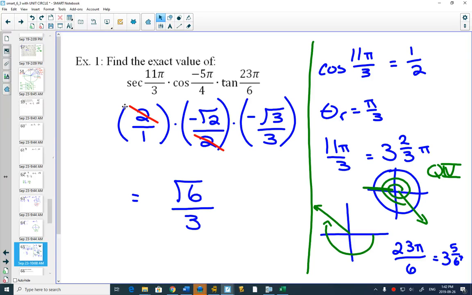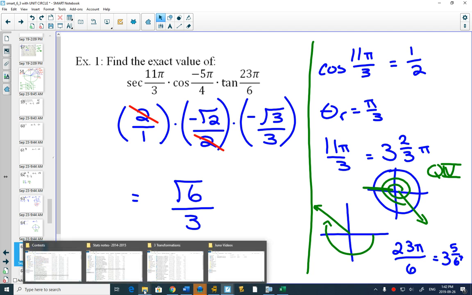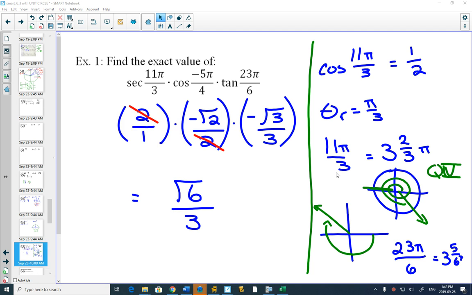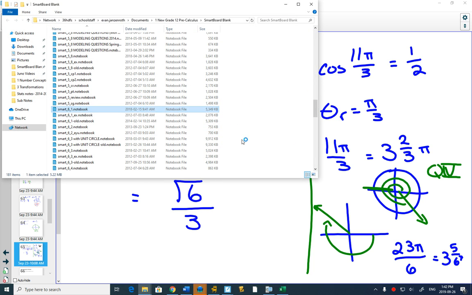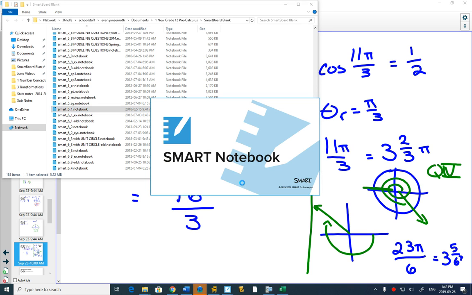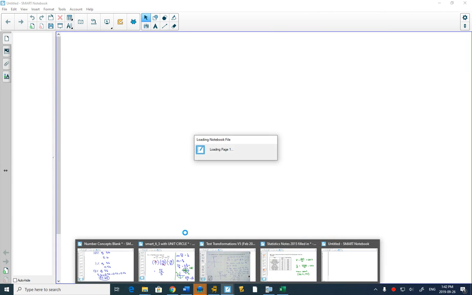So if we go to 6.1, example 2, which is on page 471. Yeah, page 471.